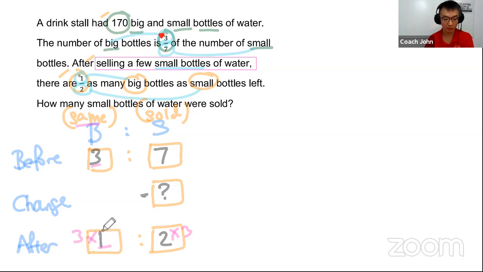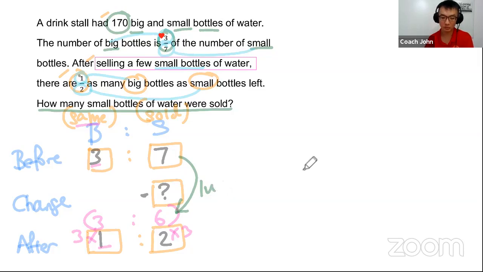I write it above because if I write below, it will be very hard for you to see. So now your actual ratio is 3:6. In fact, they are asking for how many small bottles were sold. So what is this number? You can see that there's a drop of 1 unit.